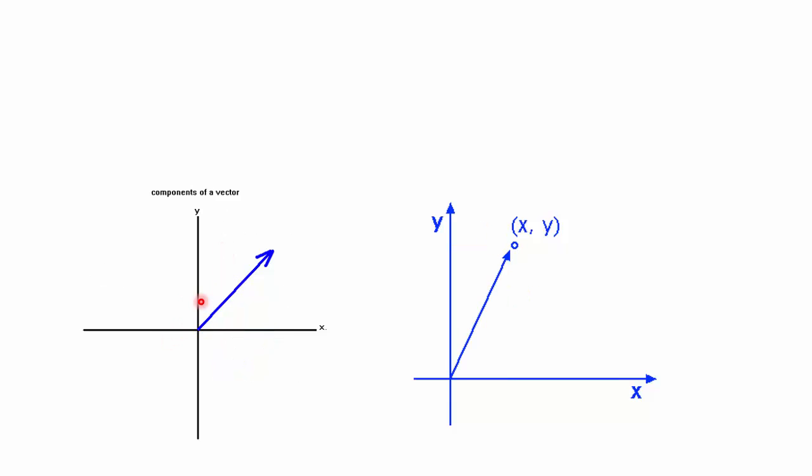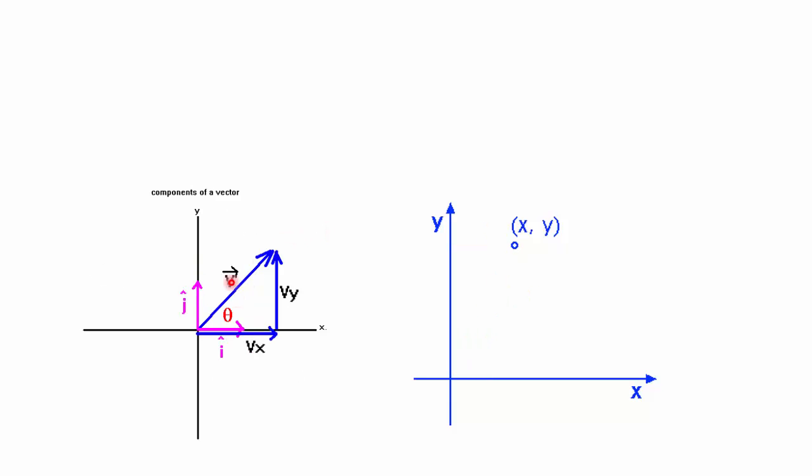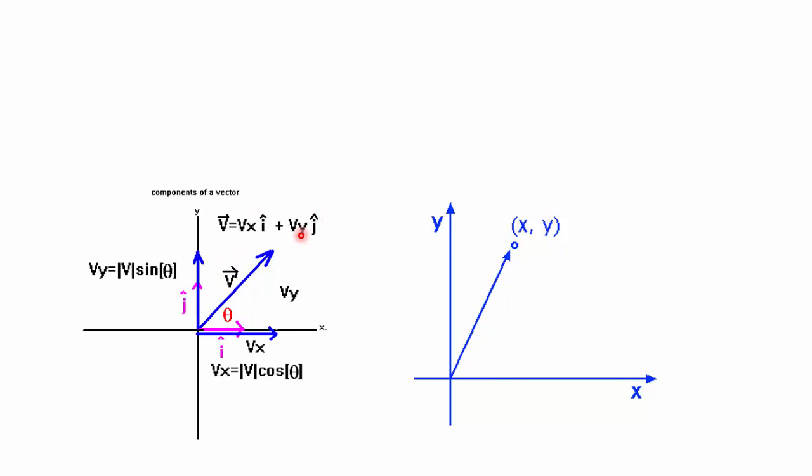Similarly, j vector is a unit vector in the y direction, so I can write vy into the j unit vector. So vy can be written as vy into unit vector and the vx vector can be written as vx into unit vector.